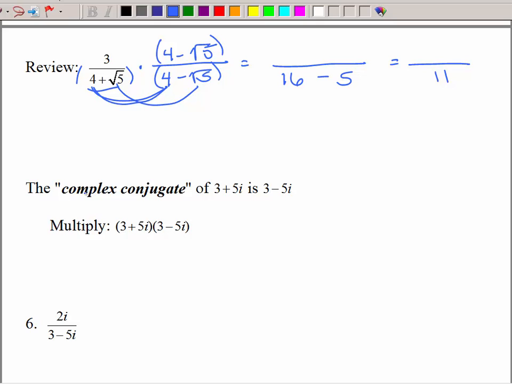Well, we have what's called the complex conjugate. It's the same thing. You change the middle sign. So let's see what happens when we multiply complex conjugates.